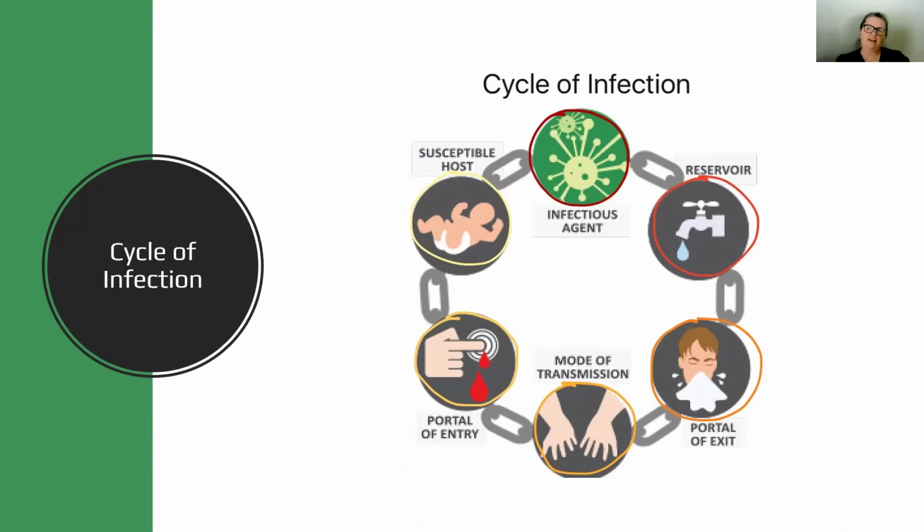So this is the cycle of infection and how it begins, and how it is just very cyclic in how it works. You've got the first part of this cycle, which is the infectious agent. There has to be an infectious agent in order to have infection. Makes total sense, right?